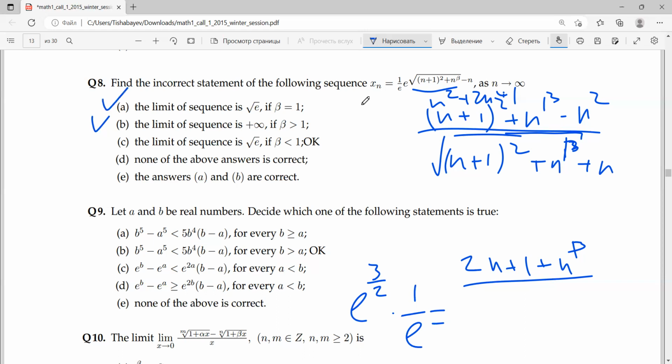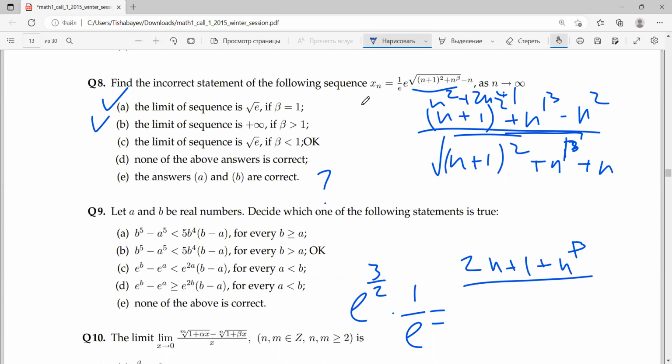So none of the others may be correct. Now we need to check C1, the last one. Beta less than 1: where does it tend now?